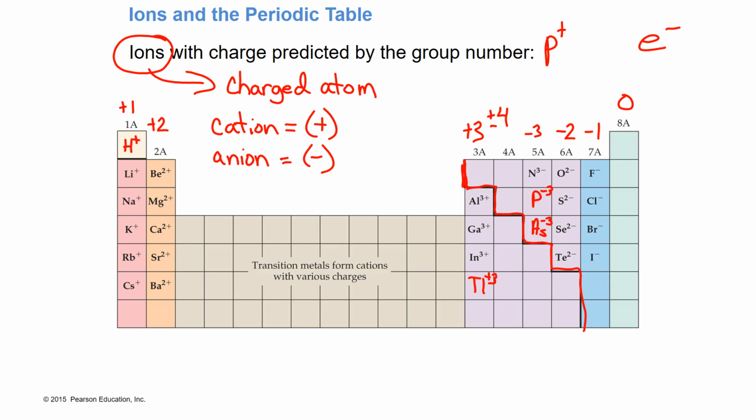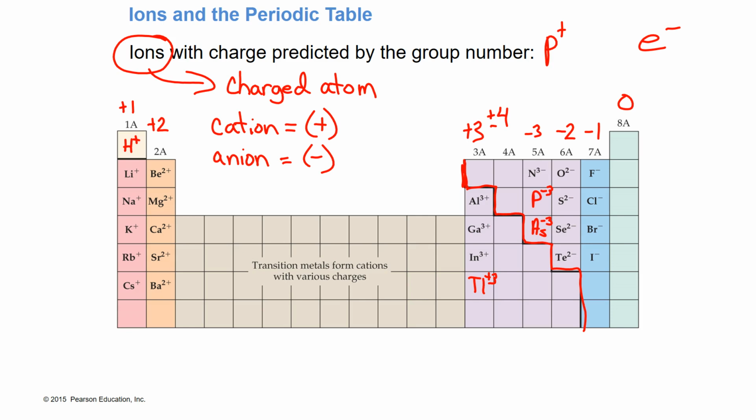Electrons. So in order to make a positive ion, do I have to remove electrons or add them? Remove. So for this to be a +1, I've had to remove 1 electron. For this to be a +2, I've had to remove 2 electrons. Over here, how do I get to a -3 charge?